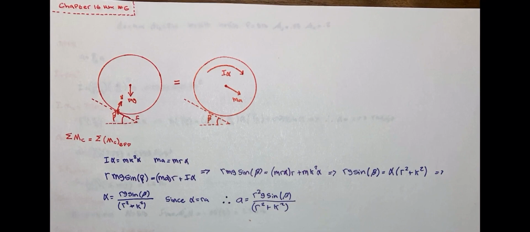So all we really need to do is equate the system of external forces with the system of effective forces at point C, knowing that I alpha is equal to mk squared times alpha, and ma is equal to mr alpha.